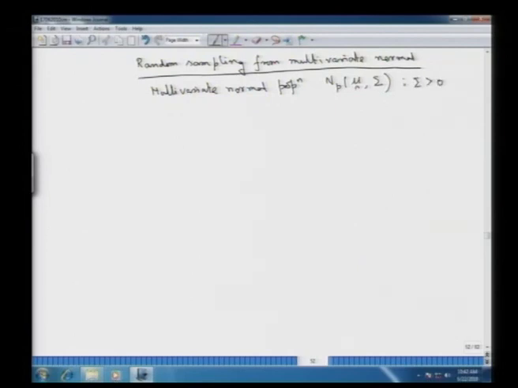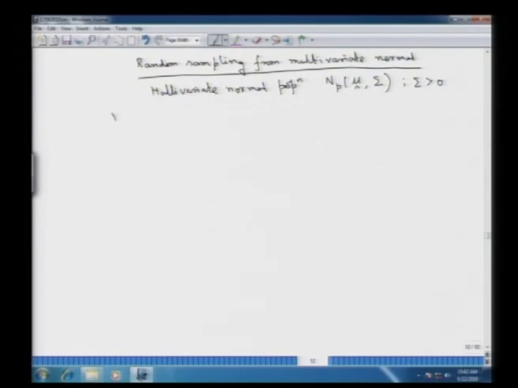Now the elements in this mu vector are unknown, and so is the sigma matrix. So what we do is we take random samples from this multivariate population and then try to build up the inference procedure concerning the unknown mean vector mu and the unknown covariance matrix sigma.